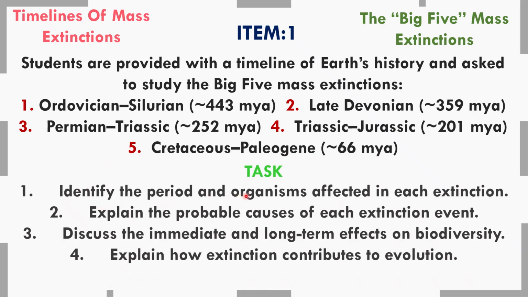Identify the period and organisms affected in each extinction. Explain the probable causes of each extinction event. Discuss the immediate and long-term effects on biodiversity. Explain how extinction contributes to evolution.